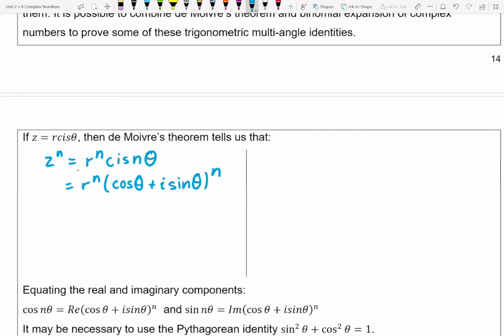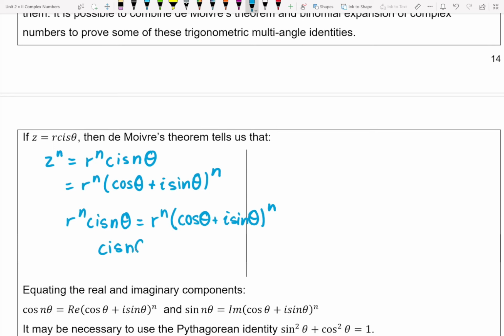So we can equate this first line with the second line, and we get that r to the n cis n theta is equal to r to the n cosine theta plus i sine theta to the power of n, and we can divide both sides by r to the n.